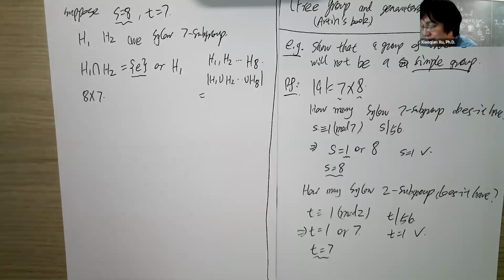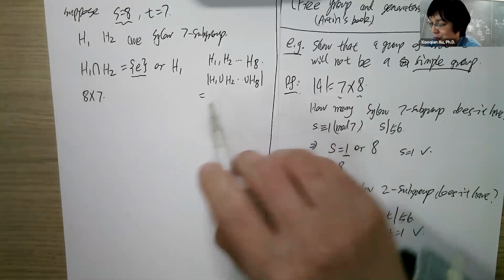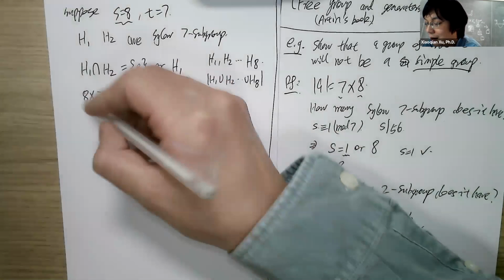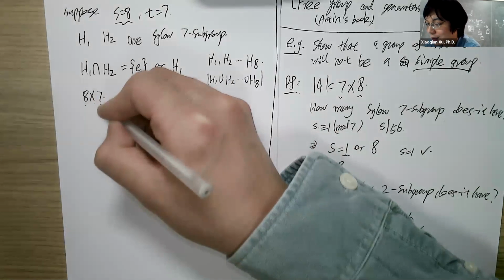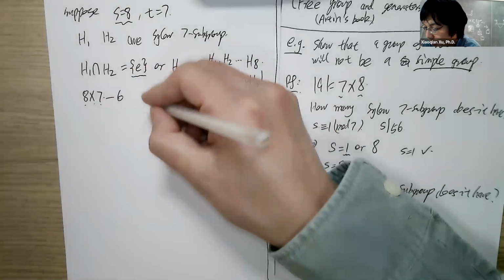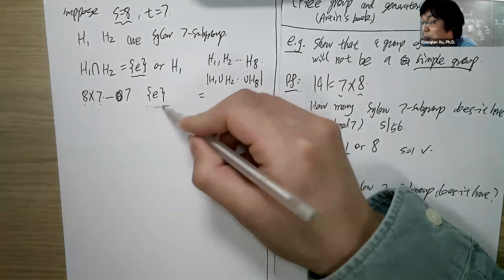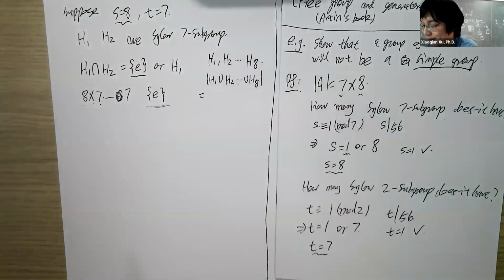So how many different elements do you have? You must have 8 times 7 minus 7, since you counted the identity element 8 times, and each one of them has 1.